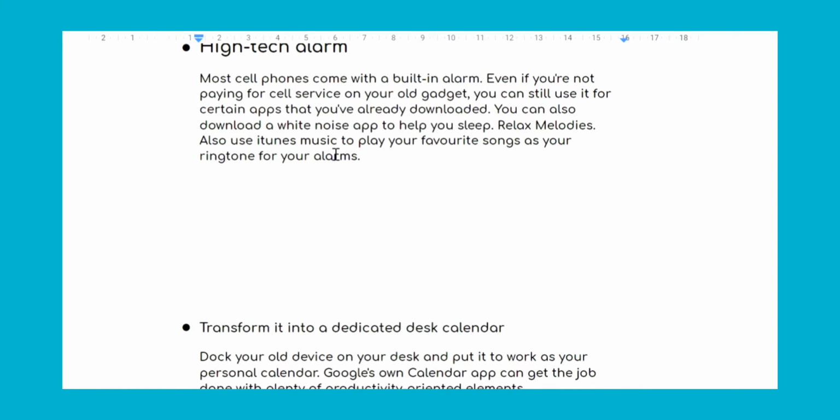Also, if you're just going to stick with the normal iOS 9 clock app from Apple, that's fine. And you should probably have the Apple Music app. If you have any music from iTunes, you can select that as your ringtone for your alarms, which is quite cool.